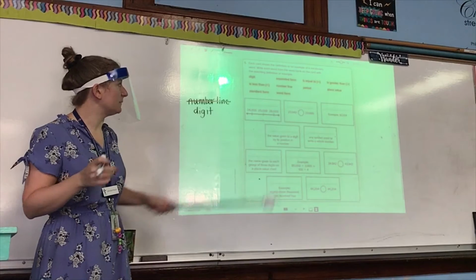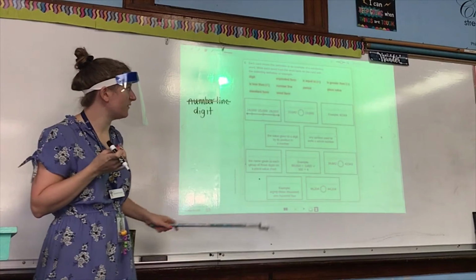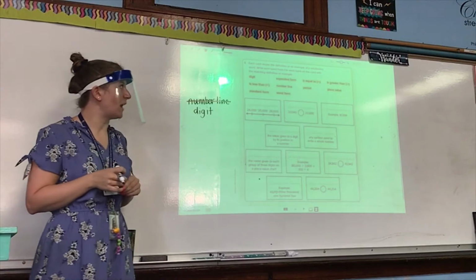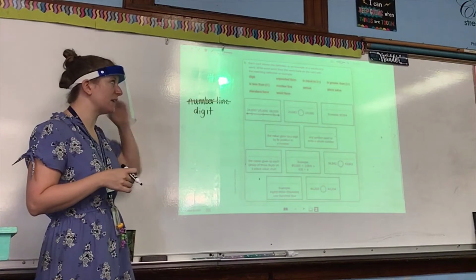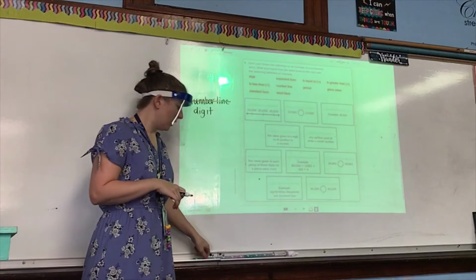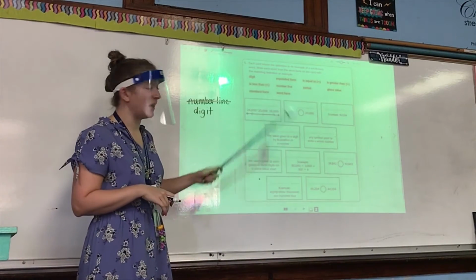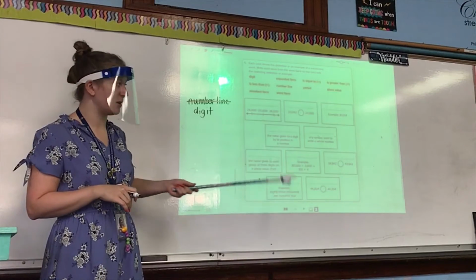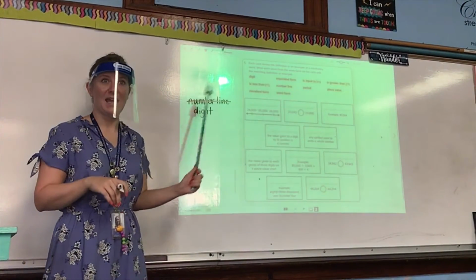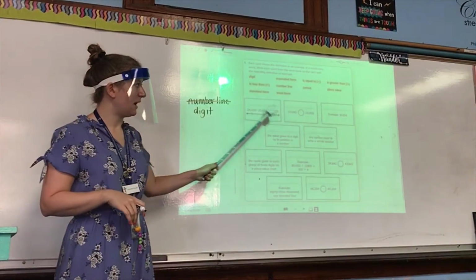Okay, number one. Each card shows the definition or an example of a vocabulary word. Write each word from the word bank on the card with the matching definition or example. Before I start, I want to count how many vocabulary words I have in my word bank and how many blanks I have. That will tell me, hey, I can cross them off.